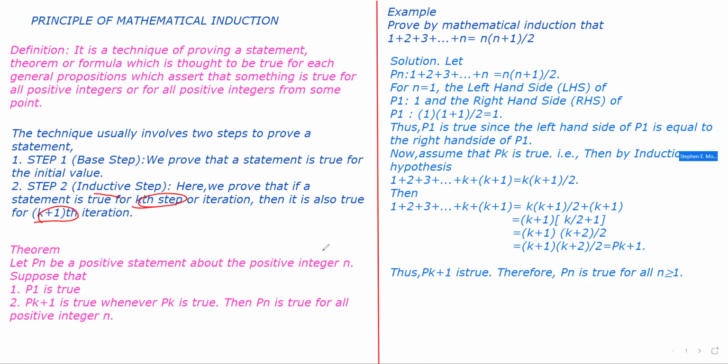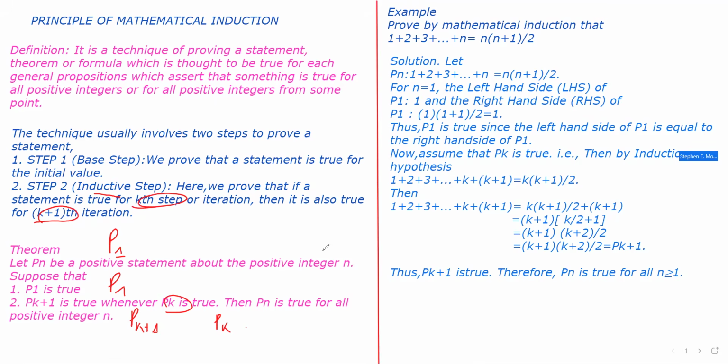So we put this in perspective in a theorem, a statement of facts, that says that if we take Pn to be a positive statement about a positive integer n, and we suppose that P1 is true, then we can say that Pk plus 1 is also true whenever Pk is true.